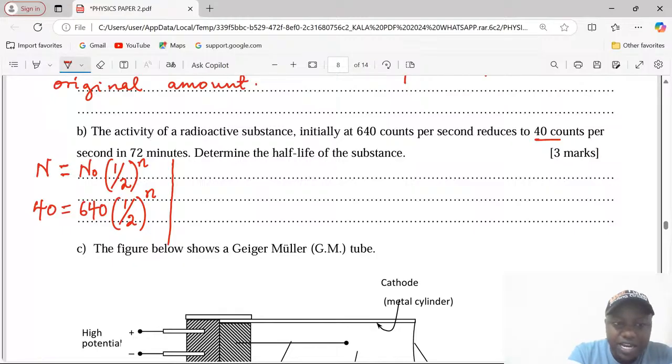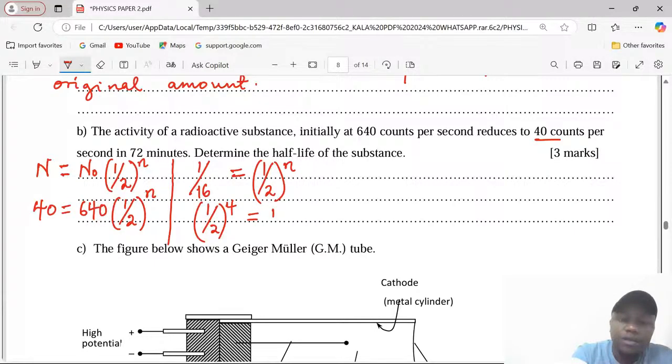Dividing through by 640, we get 1 over 16 equals half raised to n. So 1 over 16 can be written as half raised to 4, equal to half raised to n.